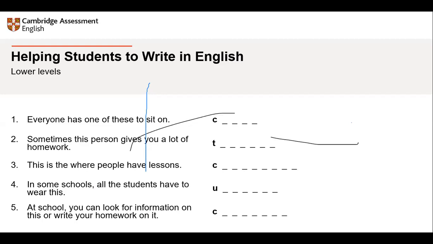texts, we can think of, for example, helping the students to write in English by setting them spelling activities. So by showing this on the screen, students could either use the chat box, or if you have the classes with microphones open, they can shout out the answers.